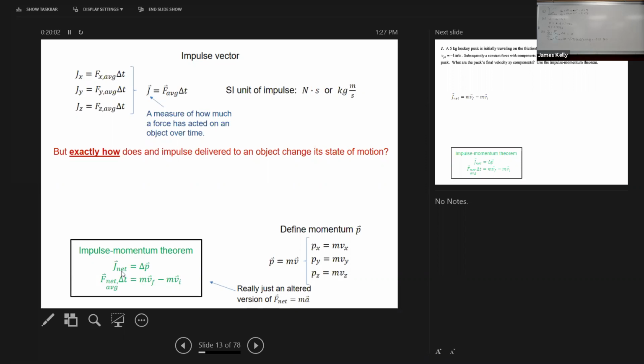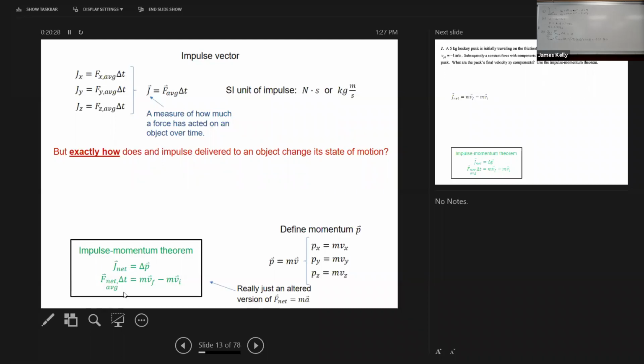Yeah, the same thing it did with work, right? Or with Fnet. It just means add them all together. So the net impulse means the sum of all the impulses delivered to the object by all the forces that are acting on it. So I have one impulse that I have to add together in this big sum for each force that's acting on the object. When I add all those together, that's equal to the change in momentum of the object.